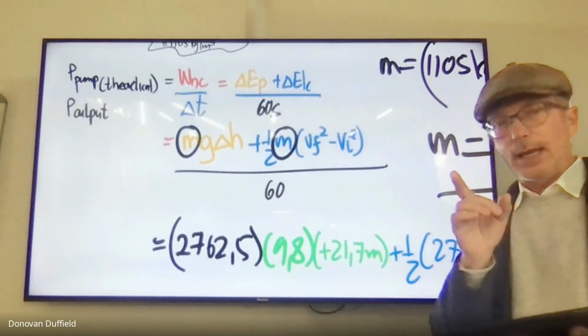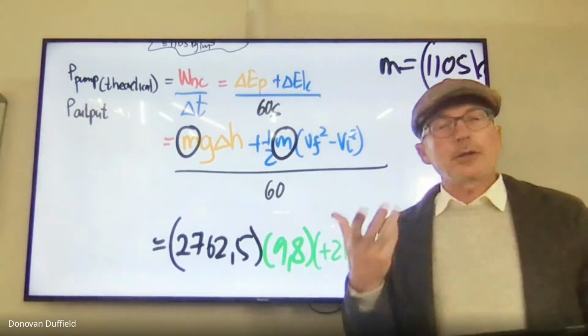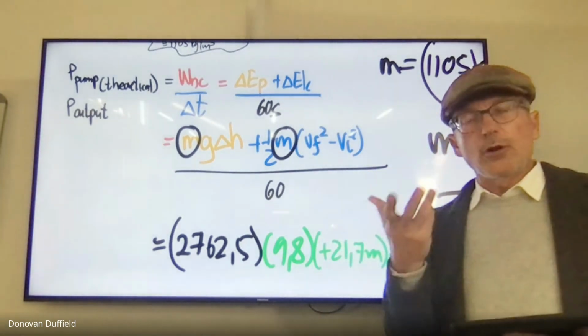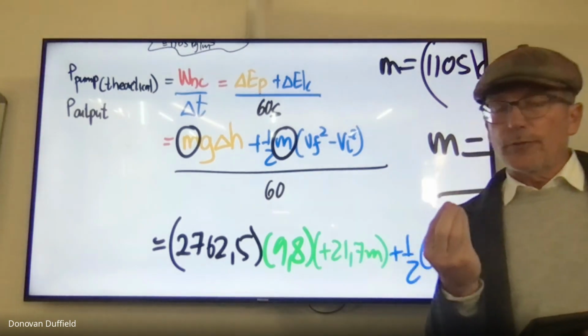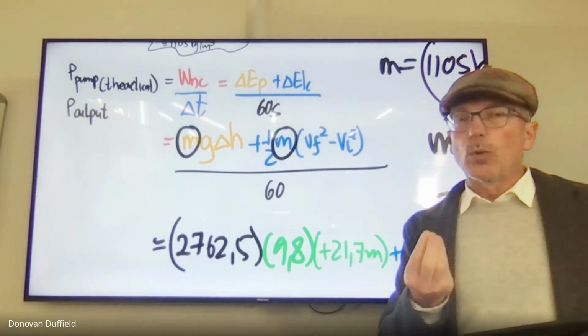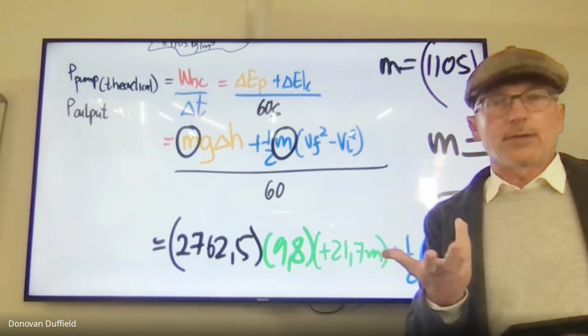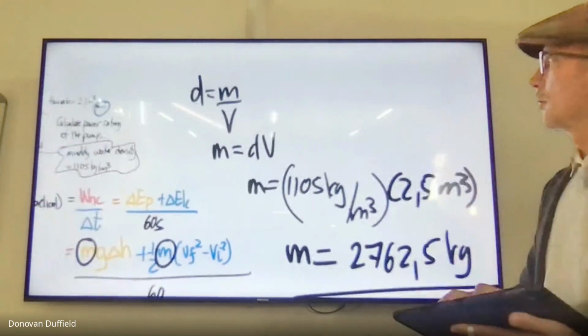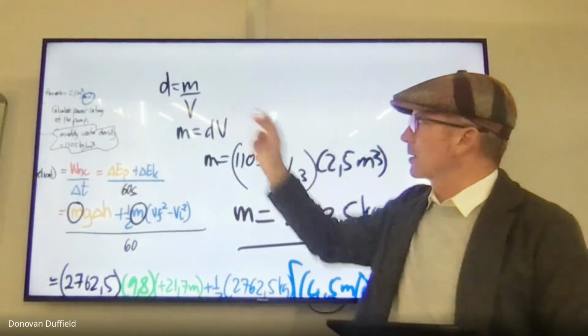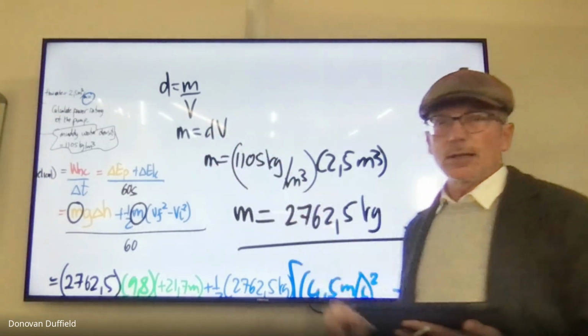Now, the mass: if you've got 2.5 cubic meters being pumped per minute, how much does 2.5 cubic meters of muddy water weigh? What is this mass? Well, using what you've learned in GET, density is mass over volume, so mass is density times volume.